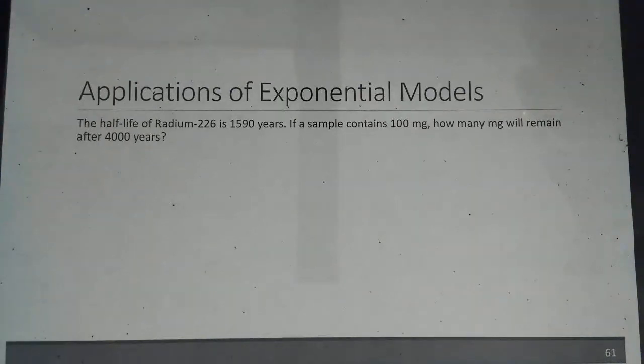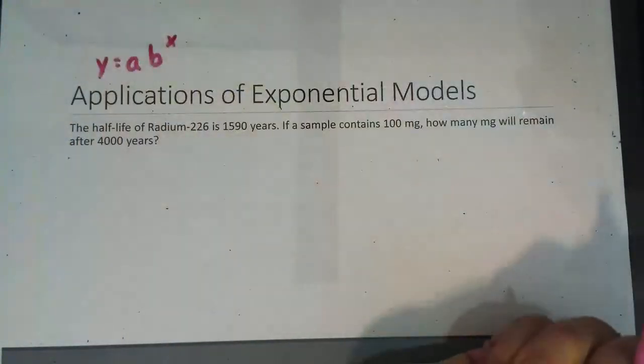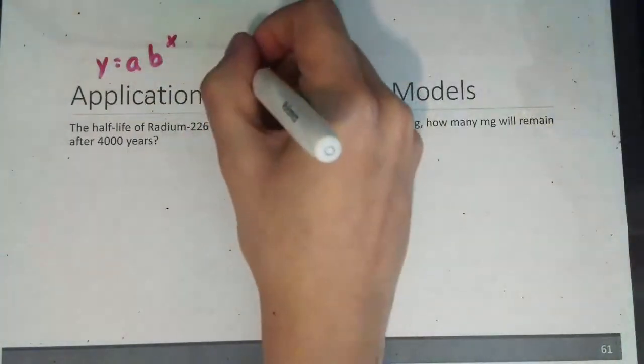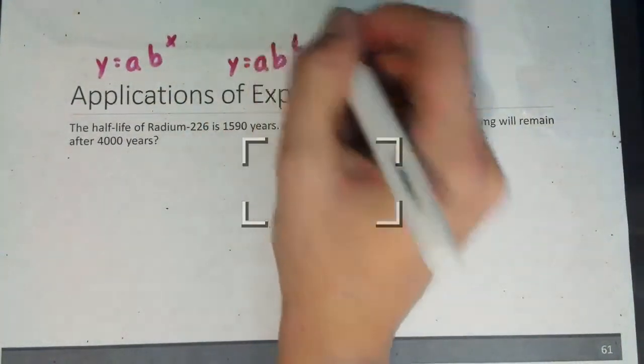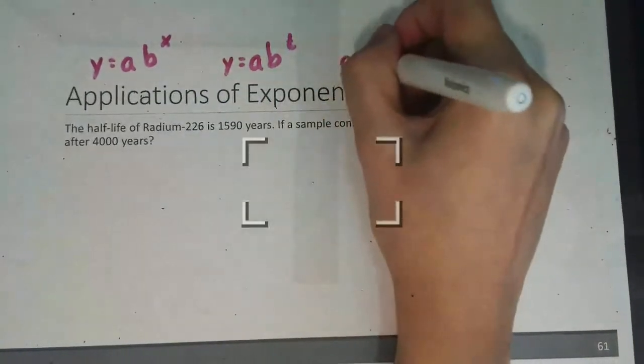Half-life problems are exponential, so I'm kind of thinking y equals a times b to the x, or since we're dealing with time, y equals a times b to the t. We have to remember that a is our initial value.